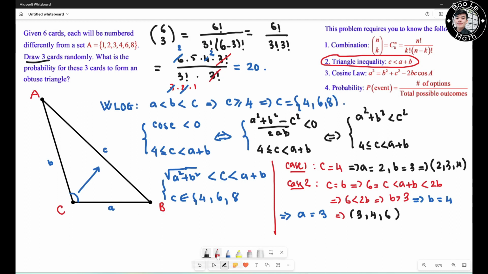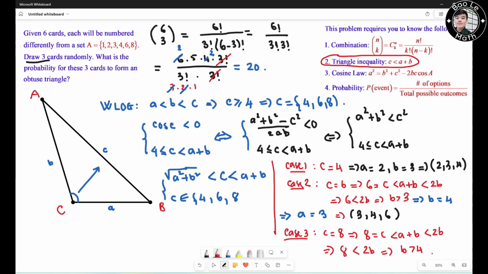Alright. Now let's move on to case number 3. c equals 8. Again, we have 8 equals c less than a plus b, and then less than 2b, because I substitute b for a right here, and a is less than b. From here, I just rewrite this as 8 less than 2b, or b greater than 4.